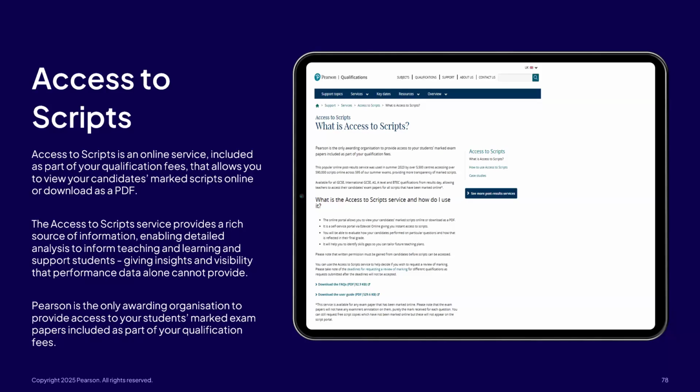They don't have examiner annotations, they're raw marks, but you can see the whole answers. I think we're the only awarding body that offers this service free of charge. And of course, you can use Access to Scripts and Results Plus alongside each other in terms of your own analysis of how your cohort has done. So lots of things you can do there.